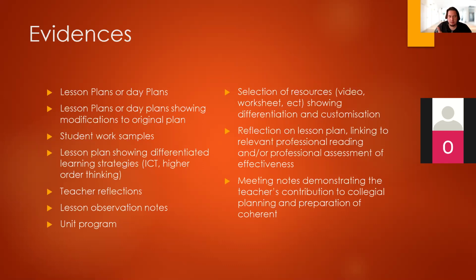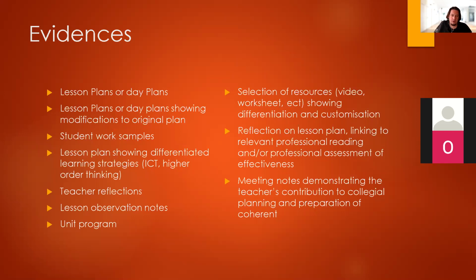You can also have a lesson plan showing differentiated learning strategies, so ICT, higher order thinking. This is especially useful if you have some familiarity with your students. Now, I do understand as a casual that it may be difficult to develop that student-teacher relationship where you understand how the students think and how they learn.